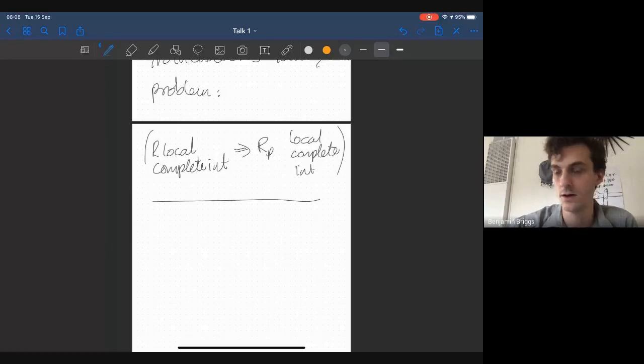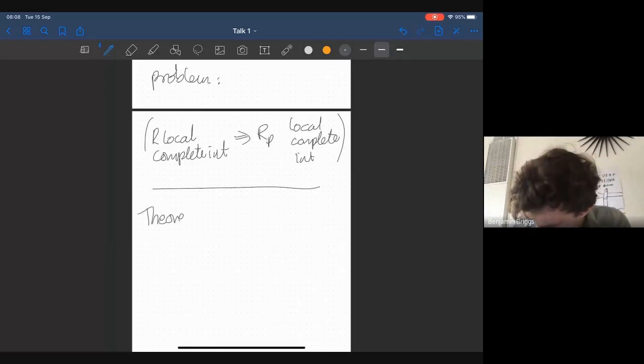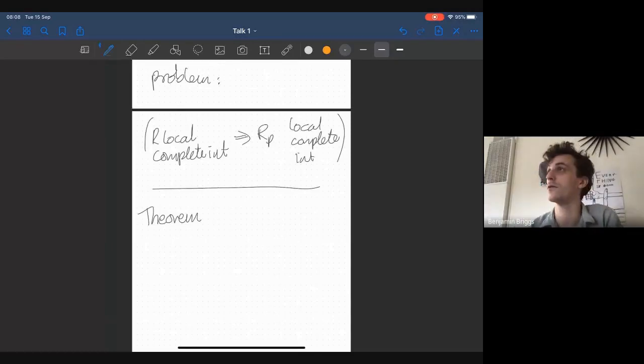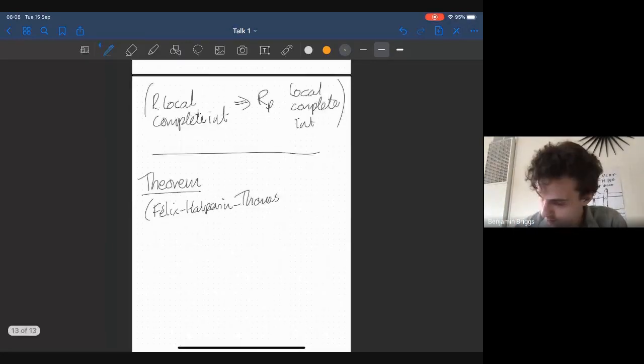No. Okay, so here's another theorem about how you can use the homotopy algebra to tell whether you have a complete intersection or not. It is a theorem of various authors: Felix, Halperin, and Thomas, some rational homotopy theorists.